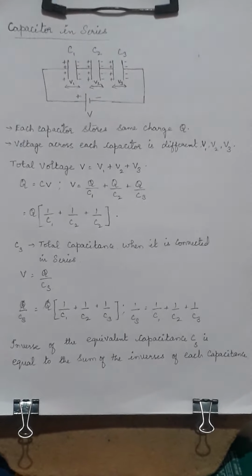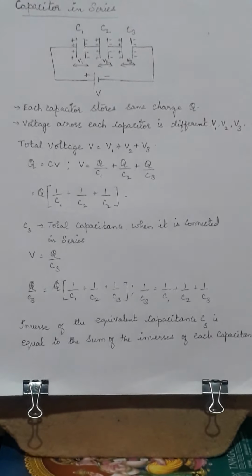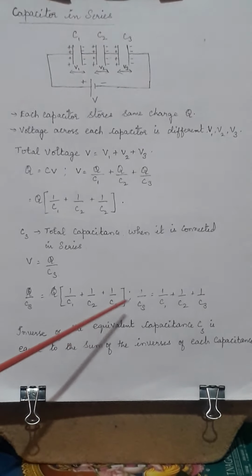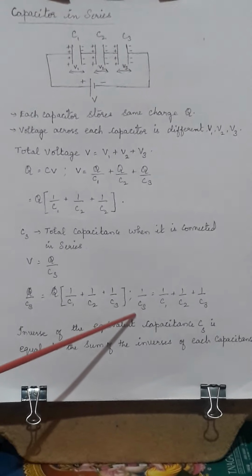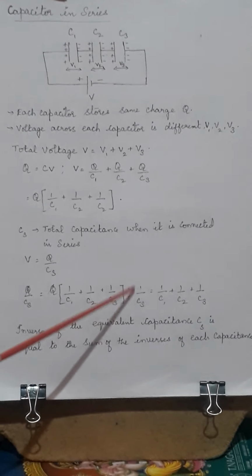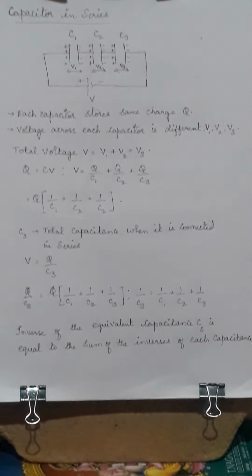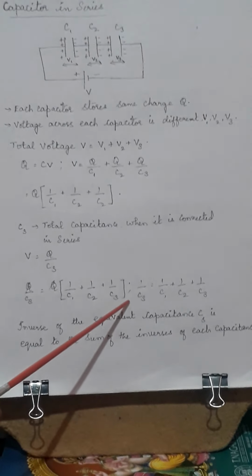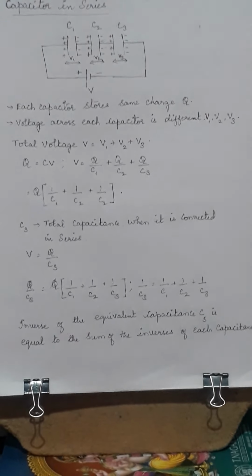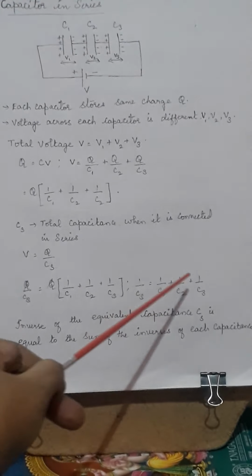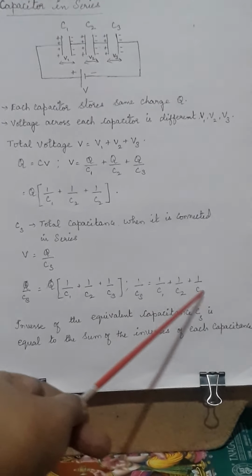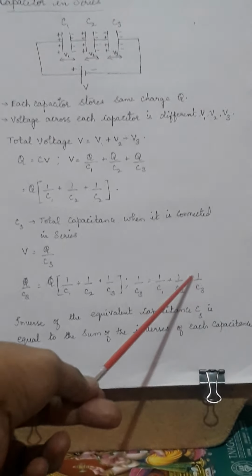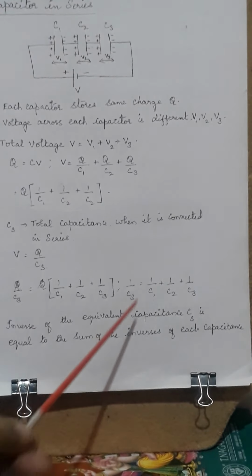This is in the form of an expression. In physics, you should know to write any equation in terms of a sentence. So how can I write this? The inverse of the equivalent capacitance CS, that is, when capacitors are connected in series, is equal to the sum of the inverses of the individual capacitances.